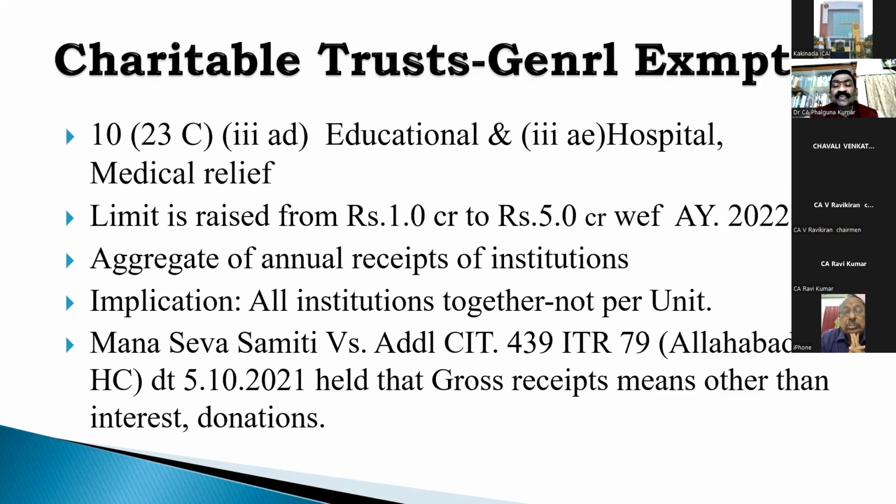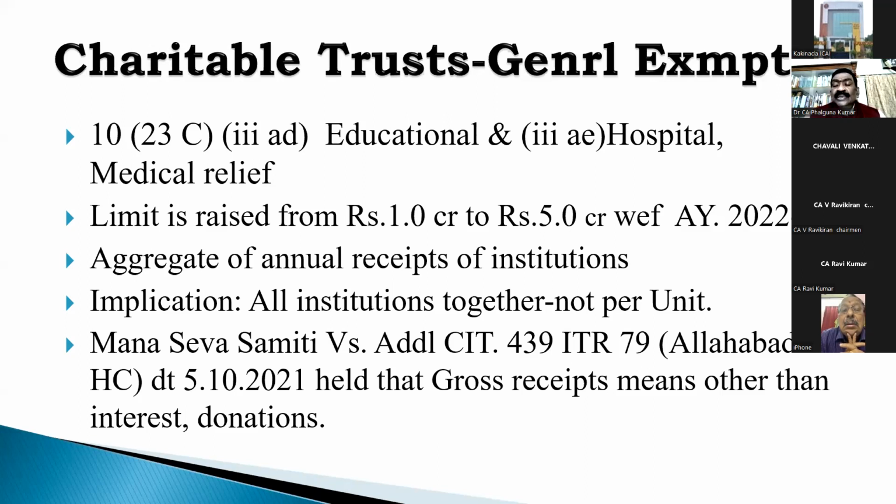So this is one important amendment from assessment year 22-23 onwards. Then what is this 5 crores? Earlier the 1 crore was per institution. So if a society is having three educational institutions, like a junior college, a medical or nursing college and a high school, per institution 1 crore they used to claim.